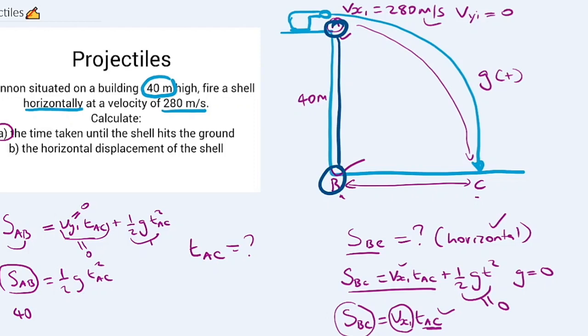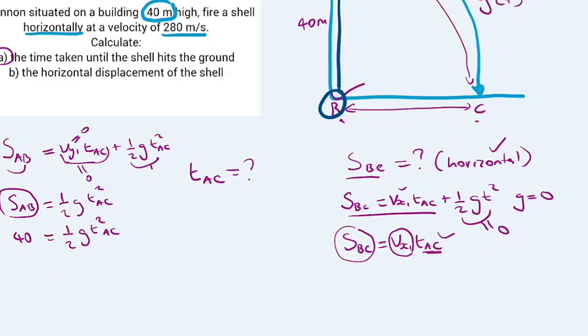Then we'll write it here: 40 equals half g t squared AC. Then from here we have to make this the subject of the formula. We multiply this 40 by this 2, then we divide by this g.